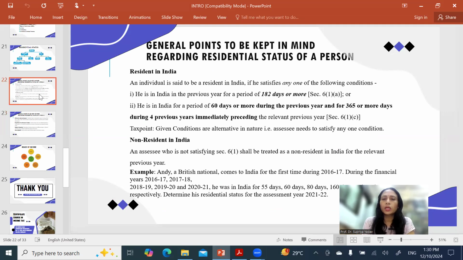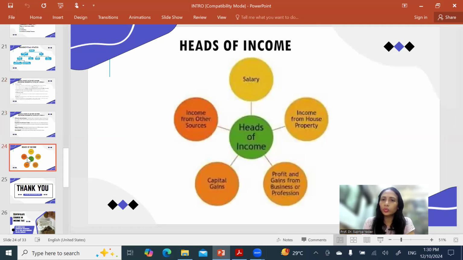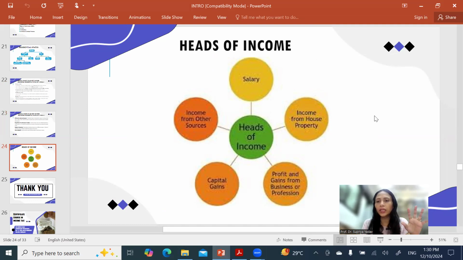We also discussed the 5 sources of income, that is, the heads of income, and these heads we are going to study in detail in the coming lectures. So for today it is over, as we have studied the definition of person, and also how to decide the residential status of any individual.